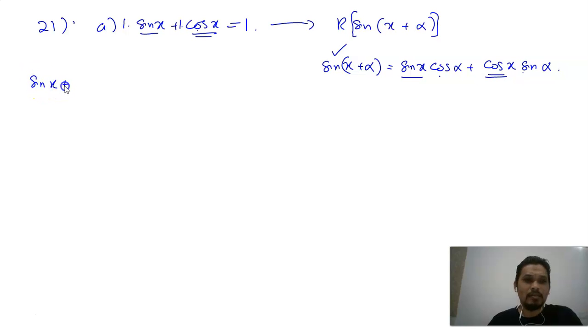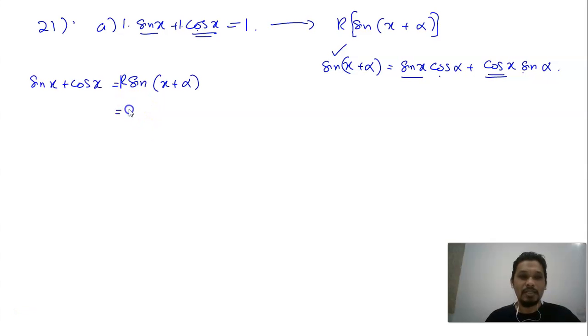Sine x plus cos x equal to r sine x plus alpha. Expansion of this, so r sine x cos alpha plus r cos x sine alpha.